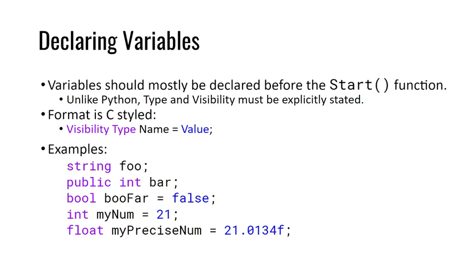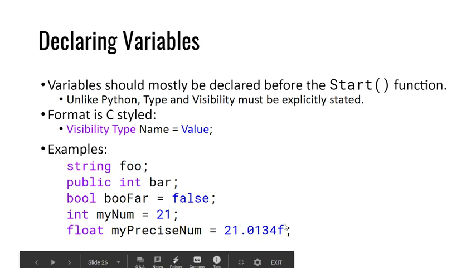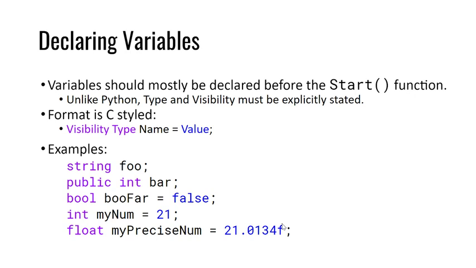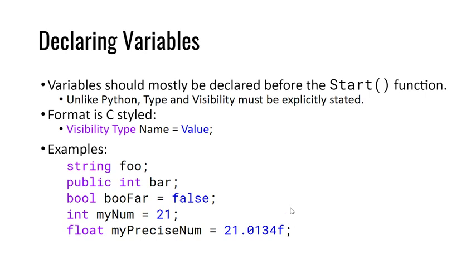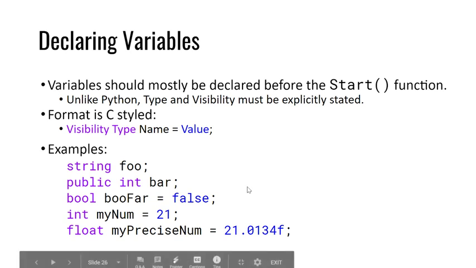There's floats and doubles. Double is just a more precise version of float, but if you put an F, it's considered a float instead. Unity uses floats exclusively, so you have to make sure you're using float instead of double. If you use double and you forget the F, Unity will yell at you.